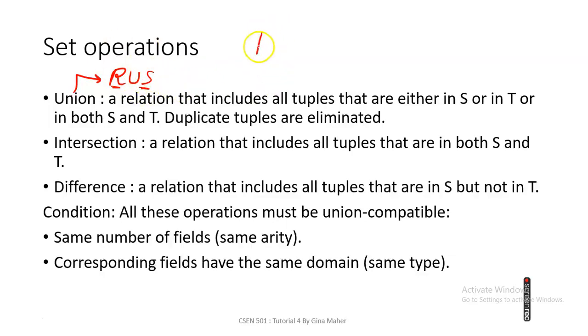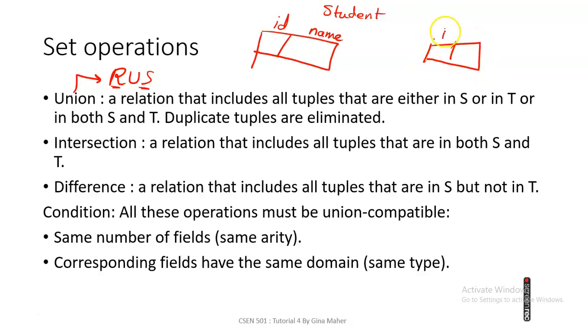Why? Let's assume that we have two relations: student with ID and name, and employee with ID and name. And we want to get all the tuples in this relation with all the tuples in this relation.